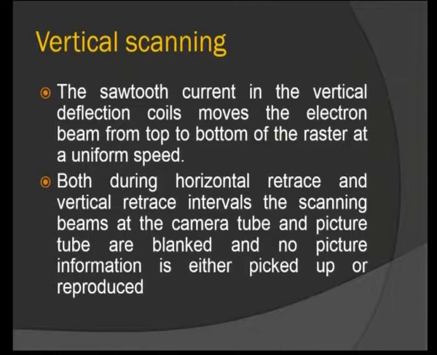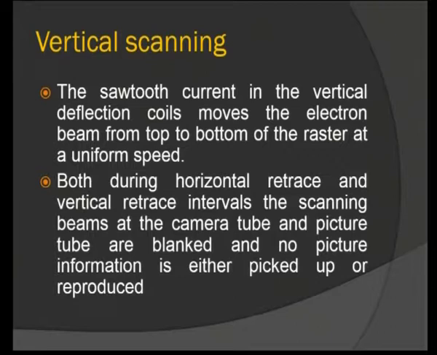So in vertical scanning, the sawtooth current in the vertical deflection coils moves the electron beam from the top to bottom, whereas in horizontal it is from left to right, but here in the vertical it is from top to bottom. The deflection coils will move the beam from top to bottom at a uniform speed, both during horizontal retrace and vertical retrace intervals.